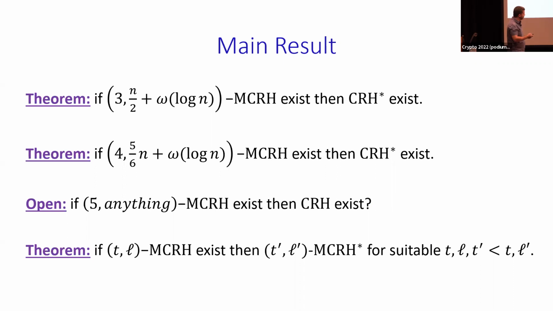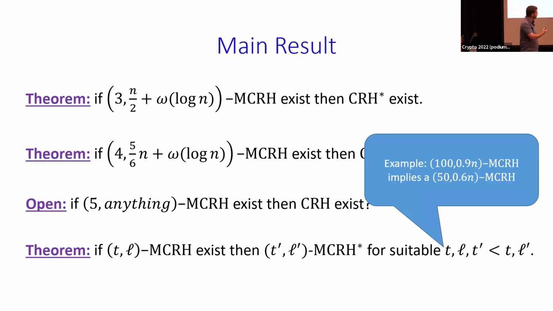It's based on list decoding bounds for Reed-Solomon codes. But just as an example, if you start off with an MCRH in which it's hard to find collisions of size 100, and the compression is to like 10%, then we can build from that a hash function in which it's hard to find collisions of size 50, but the compression is now only to 40%.